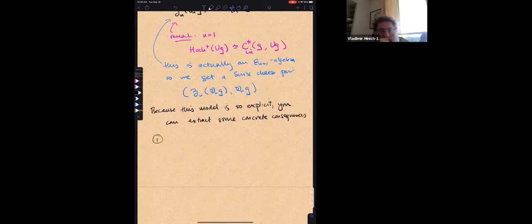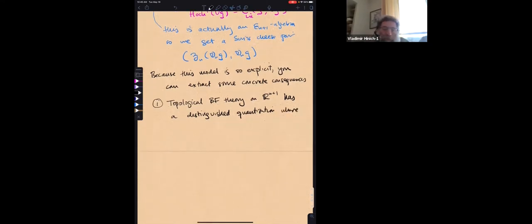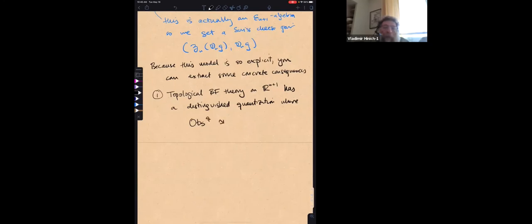So maybe the one quite immediately interesting to me, but maybe not to everyone, is that topological BF theory on n+1 dimensional space admits a distinguished quantization where its quantum observables are equivalent to the E_{n+1} algebra, which is the derived center of U_n of G.